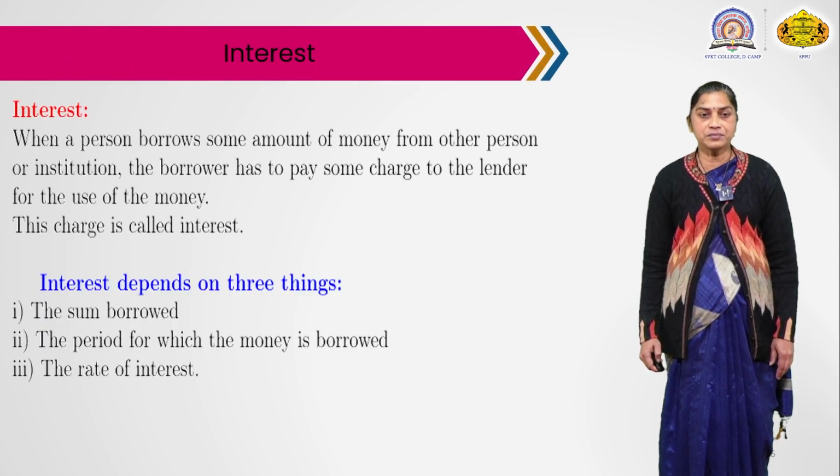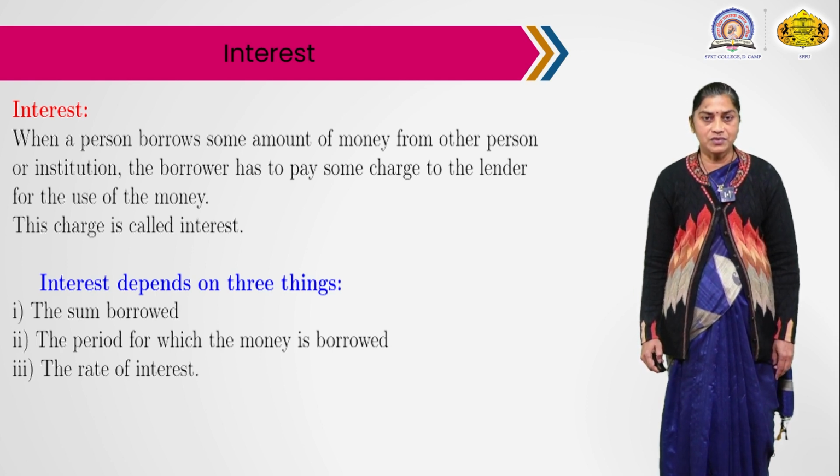Now, what is interest? When a person borrows some amount of money from another person or institution, the borrower has to pay some charge to the lender for the use of money, and this charge is called interest.